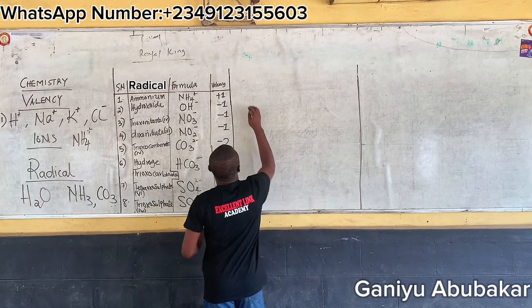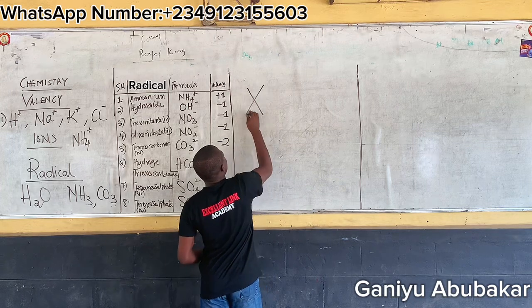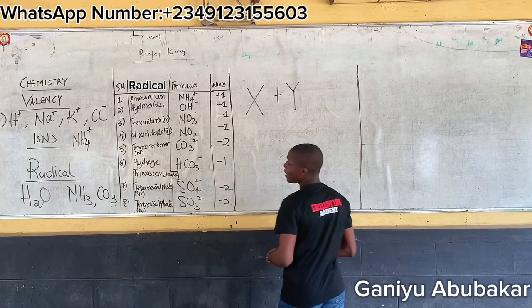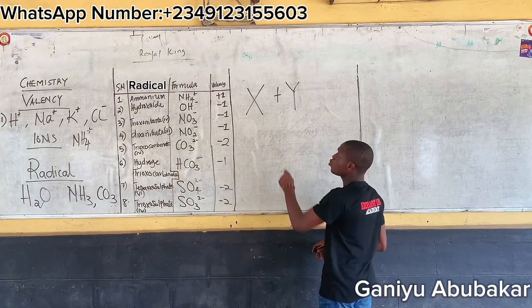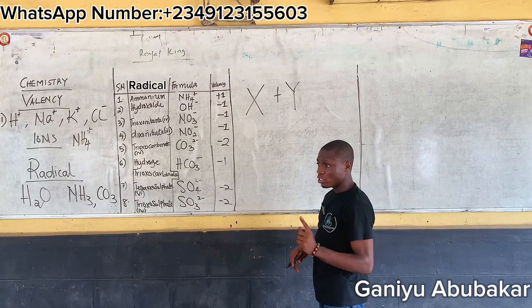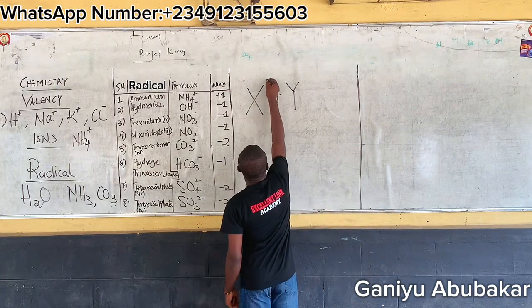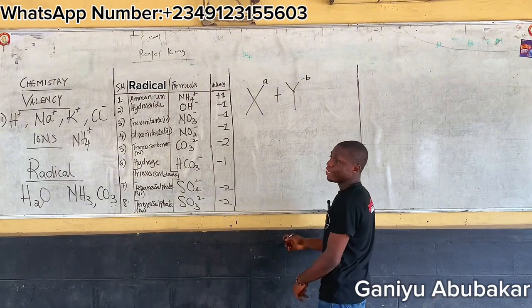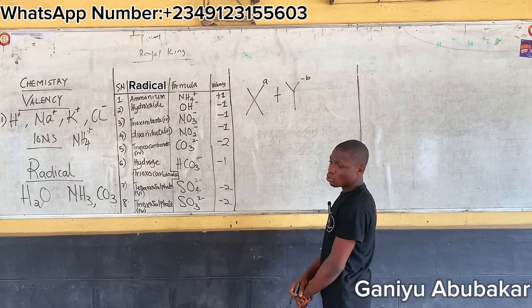Let's say I have element X combining with Y. For these two to combine, they must be of opposite charge. Let's say here is A plus, here should be B minus. They can combine this way. Copy this down.